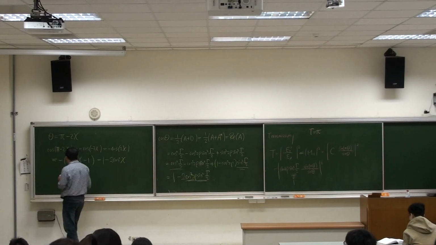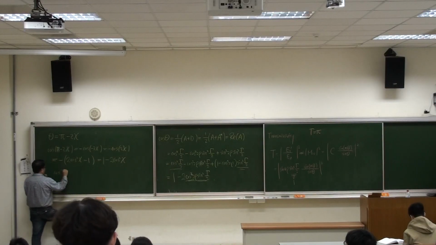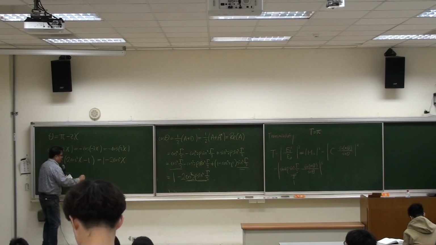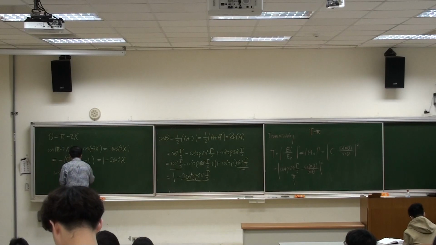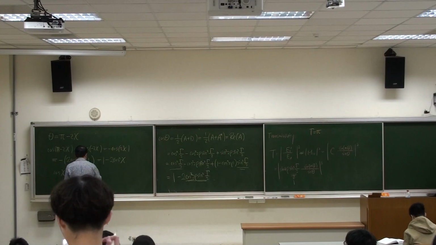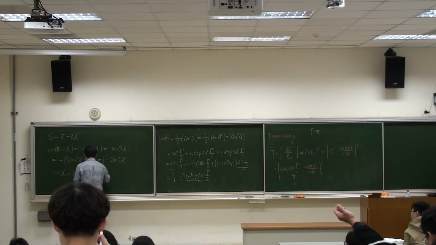you see that you can identify cosine chi as positive or negative cosine 2 rho times sine half gamma.